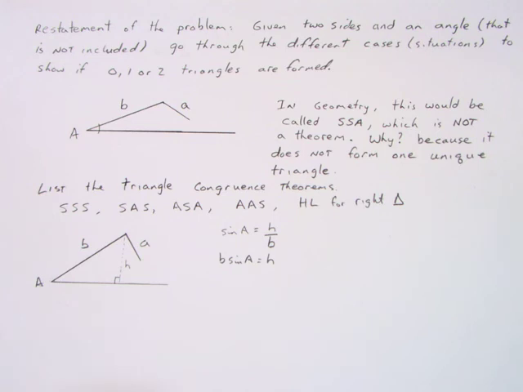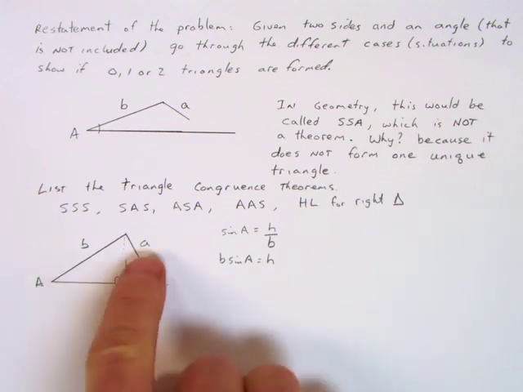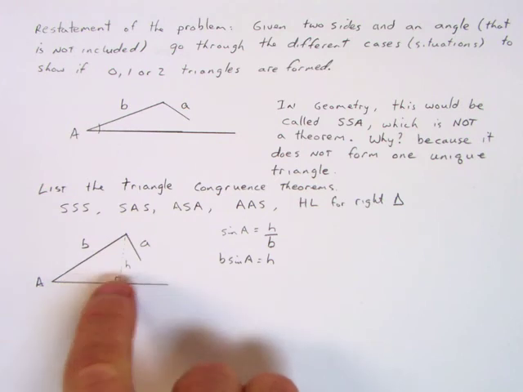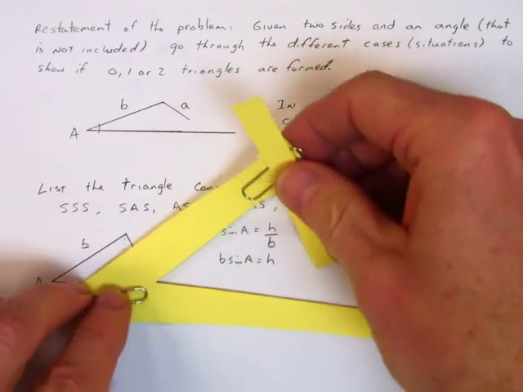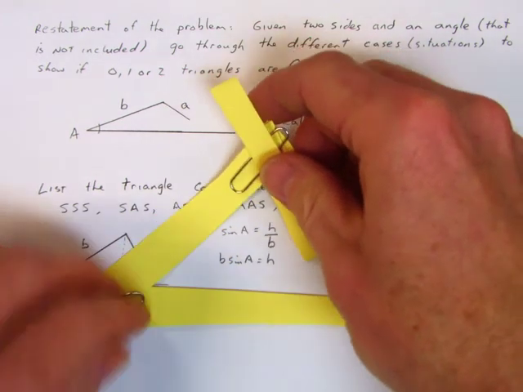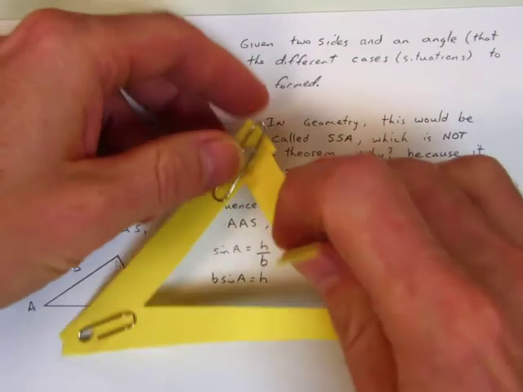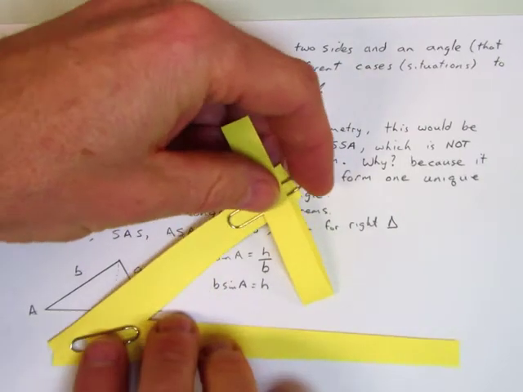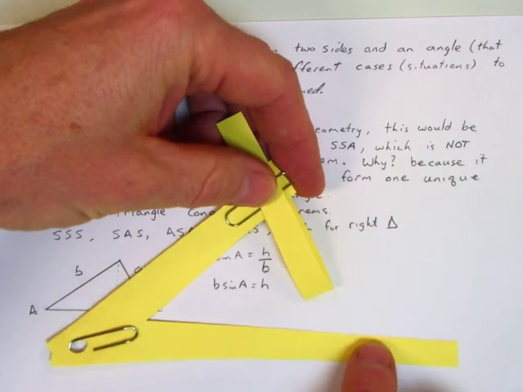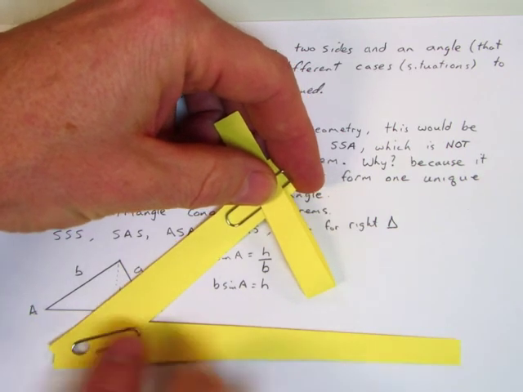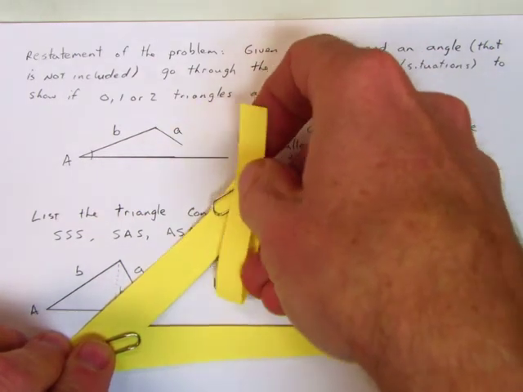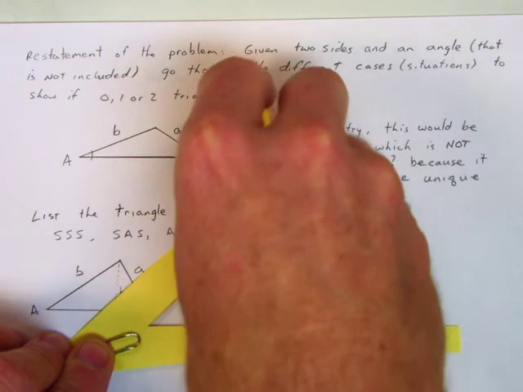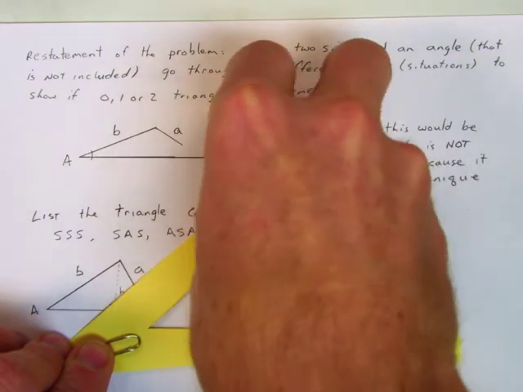So if we have a situation where the side opposite the angle, little a, opposite angle A, is less than the height, let me show a diagram that I made. All we want little a to do is touch this side here, and if it touches, then we have a triangle. What happens if I rotate this around in a circular arc?